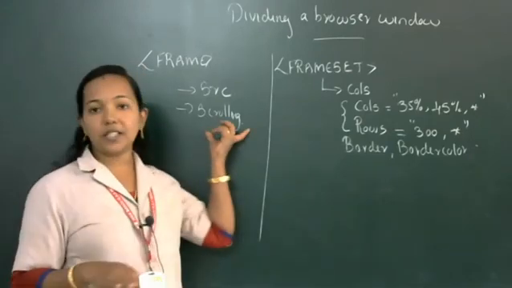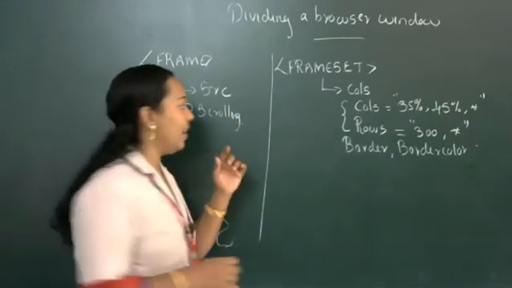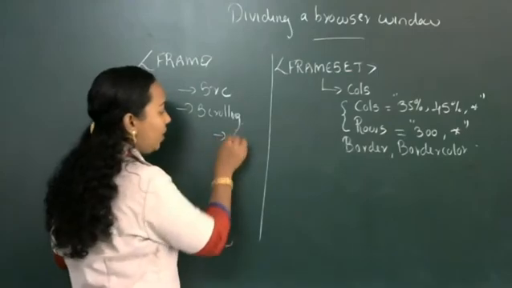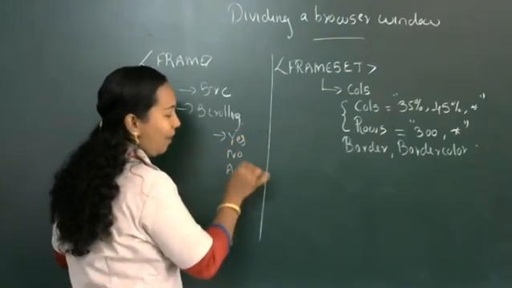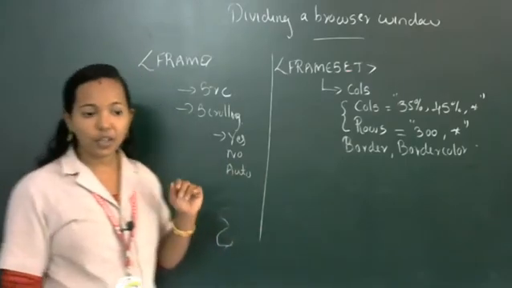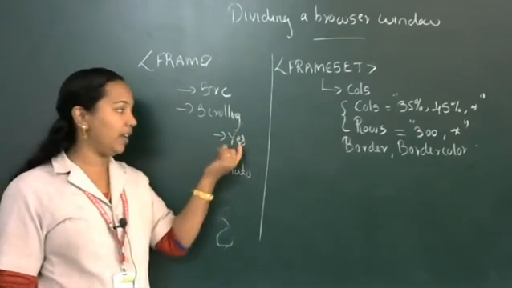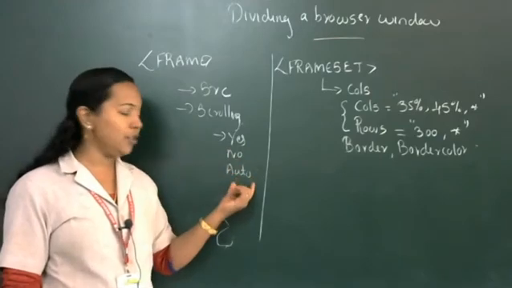For that purpose we are using scrolling. The possible values of scrolling are yes, no and auto.